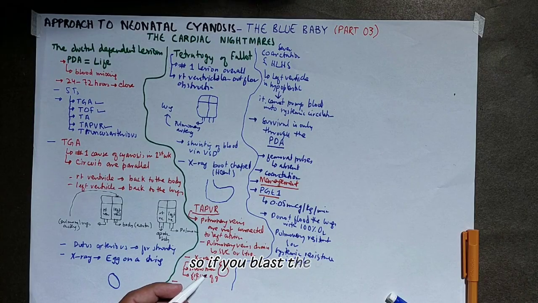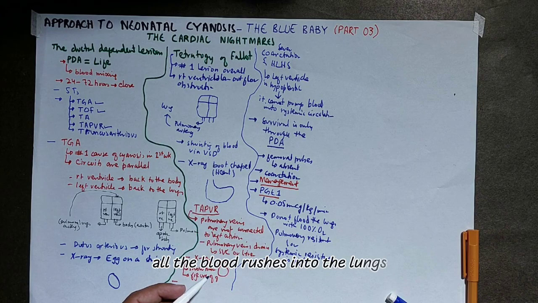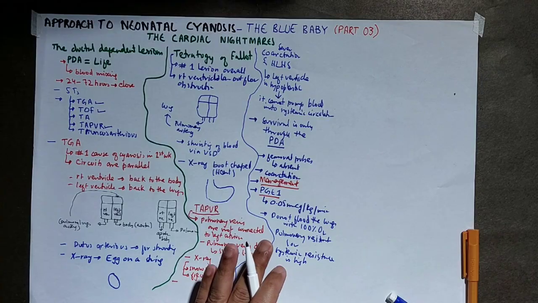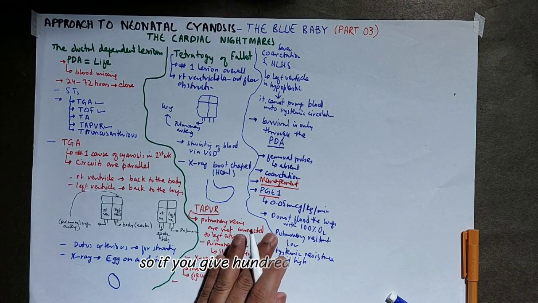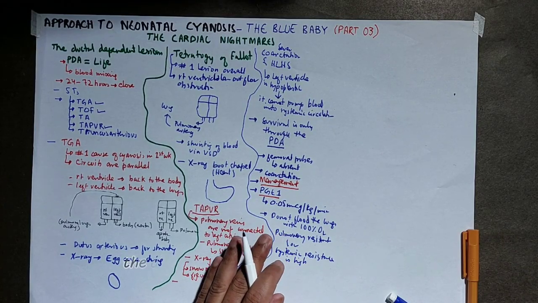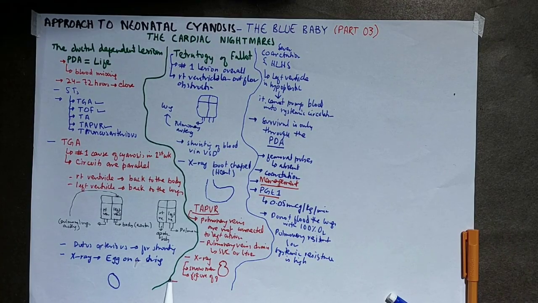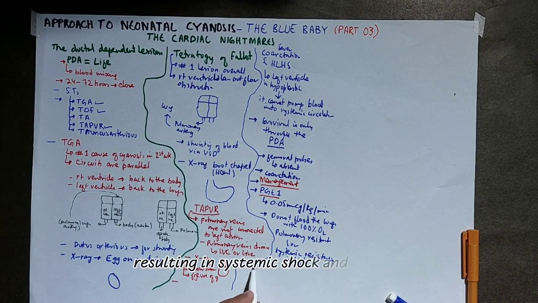So if you blast the baby with 100% oxygen, you dilate the pulmonary vessels. All the blood rushes into the lungs and it steals flow from the body. The baby turns pink but dies of systemic shock and acidosis. So if you give 100% oxygen, the blood flows into the pulmonary vessels, resulting in systemic shock and acidosis.